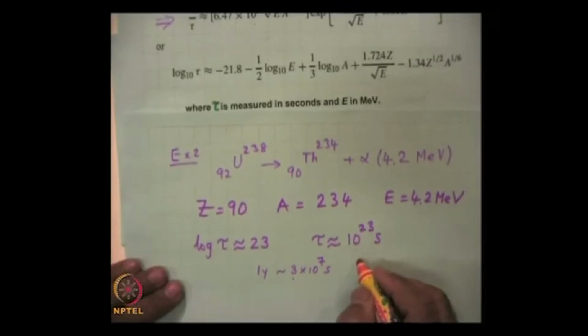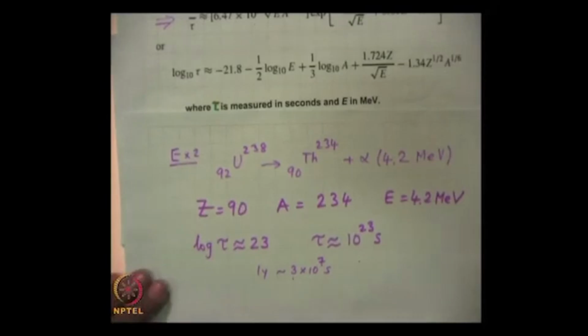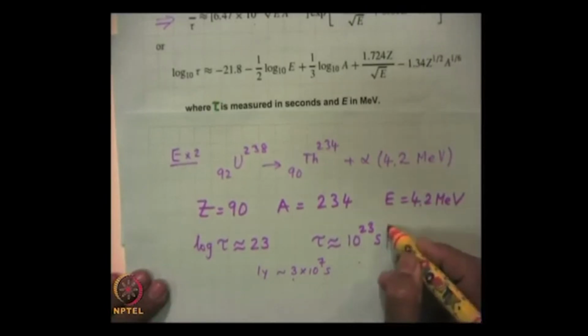So, this is about a billion years, that is the lifetime that comes out. So, this is the value that comes out.